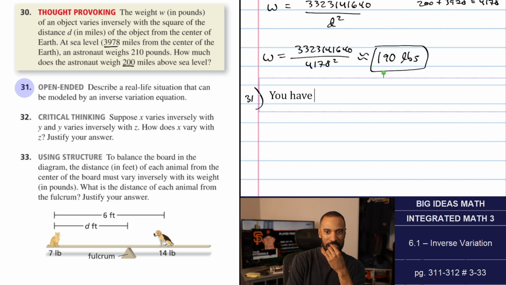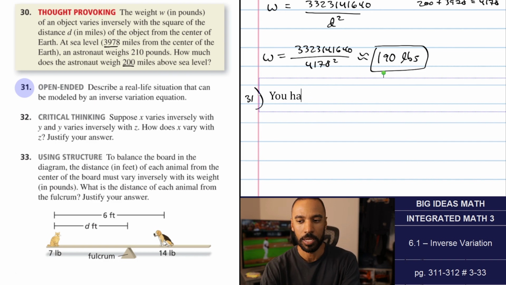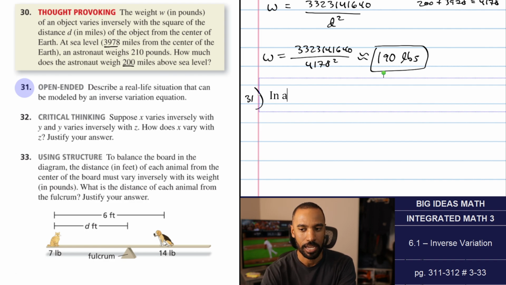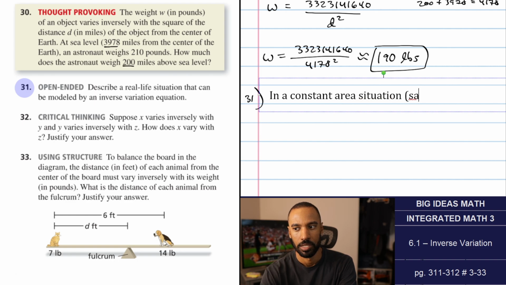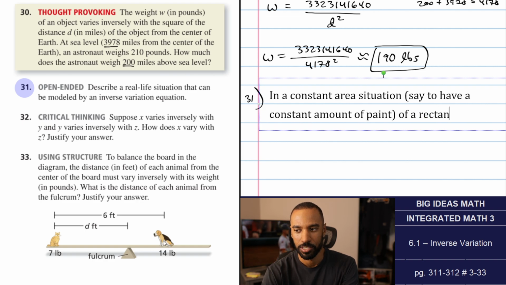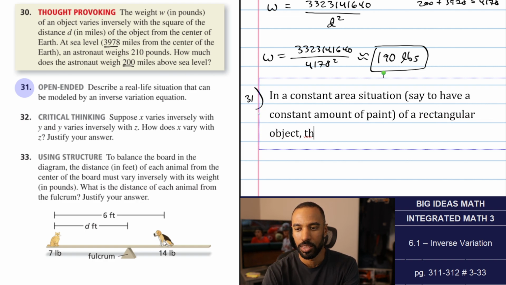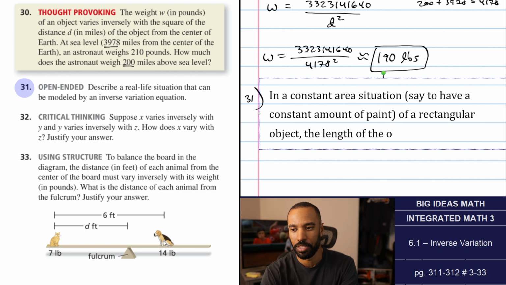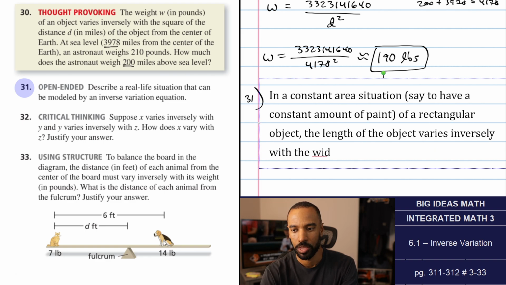Maybe. I don't think we have to do specific numbers, but basically, in a constant area situation, say I had 100 square feet of paint. The length of a rectangular object varies inversely with the width.